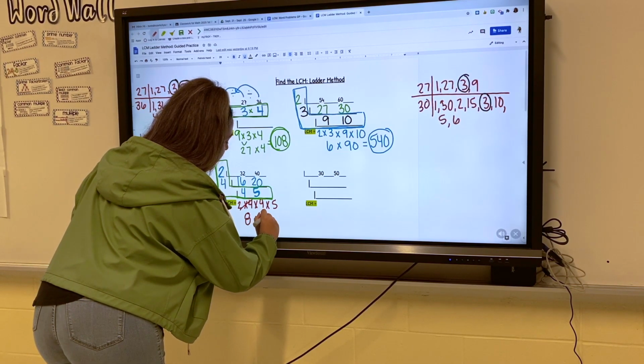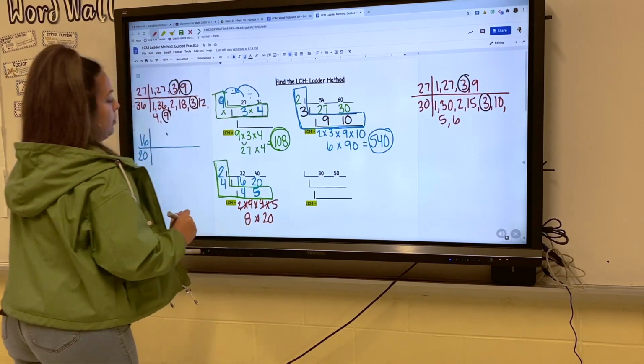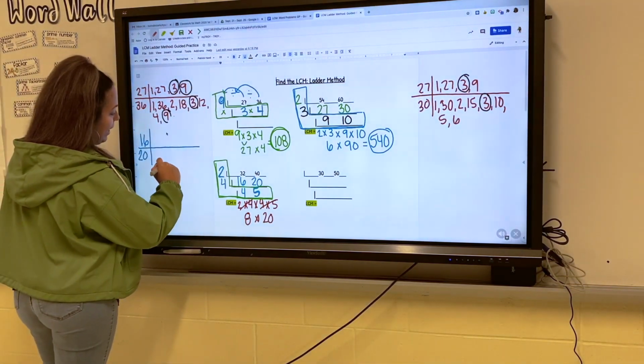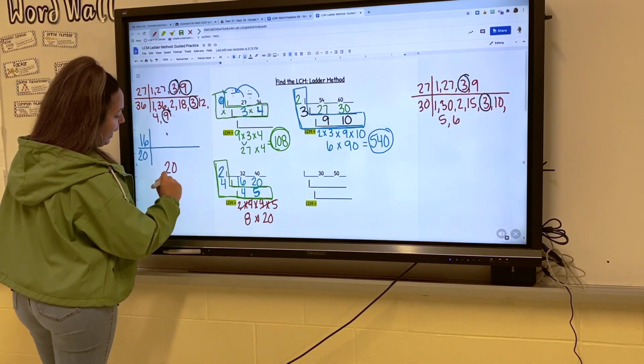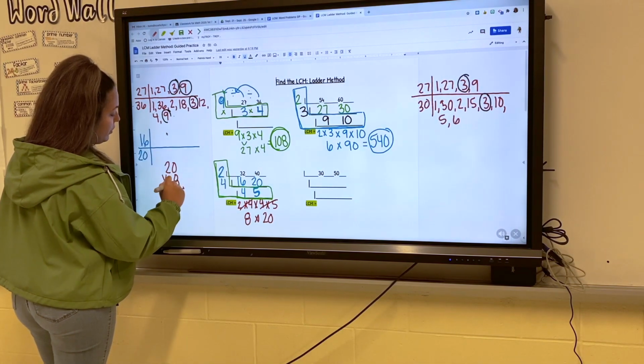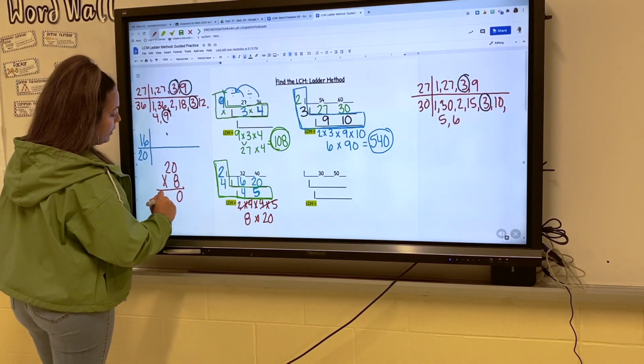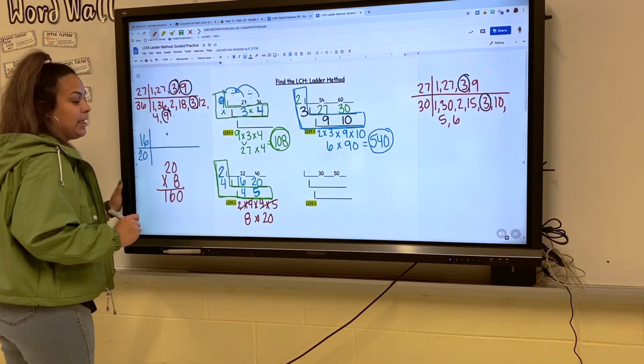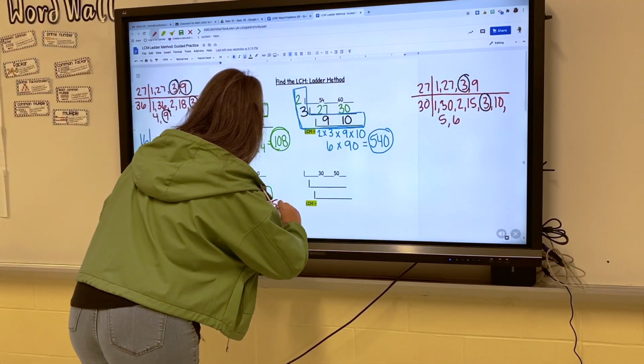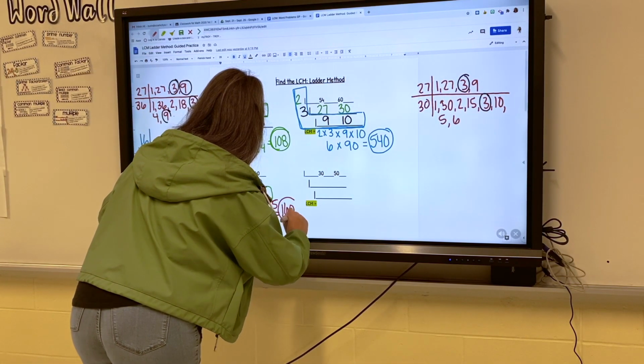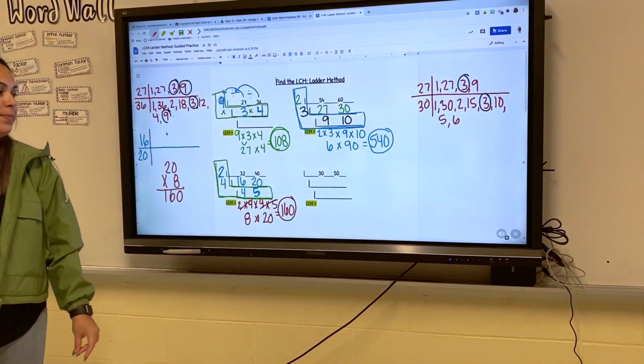And 4 times 5 is 20. Over here on the side, I'm going to do 20 times 8. 0 times 8 is 0. 2 times 8 is 16. So our least common multiple is 160.